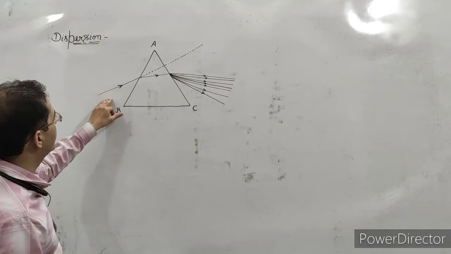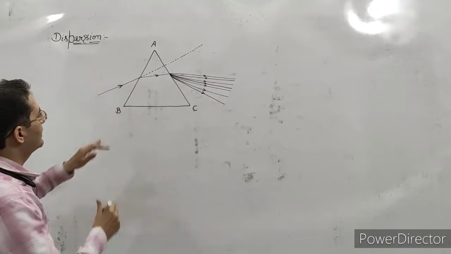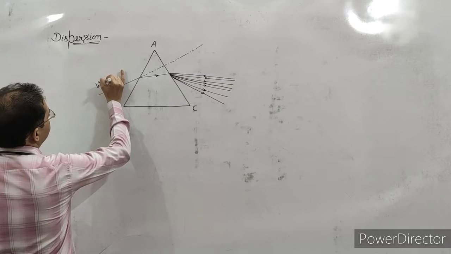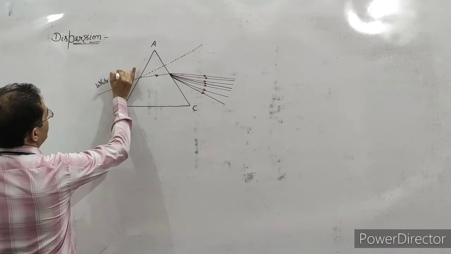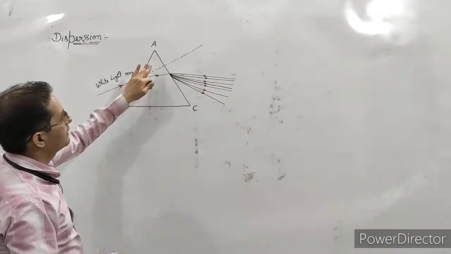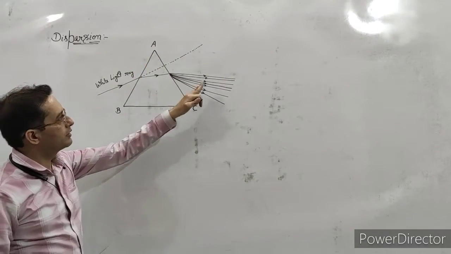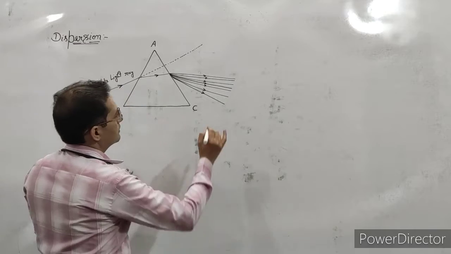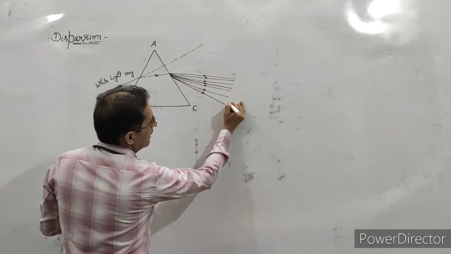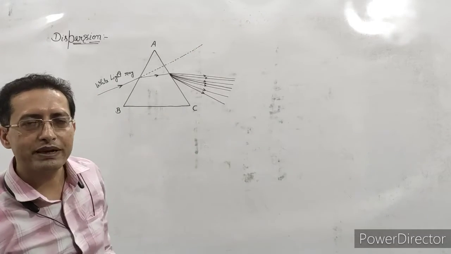So here we can see that we have taken a white light ray. Okay, this is a white light ray. And when it passes through the prism, we observe that it splits up into 7 constituent colors, and this is known as the spectrum.